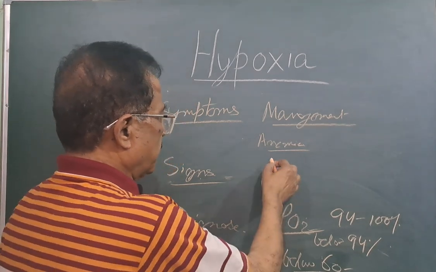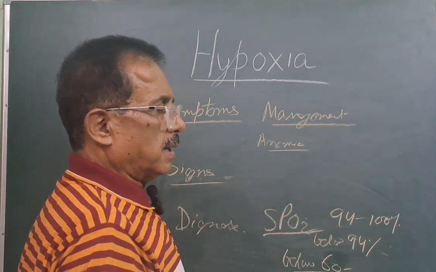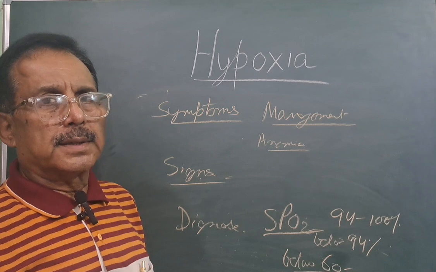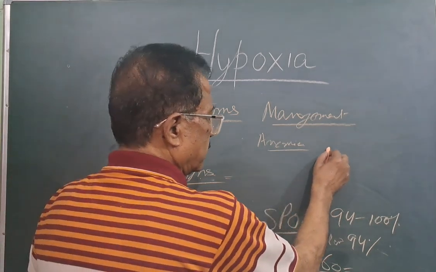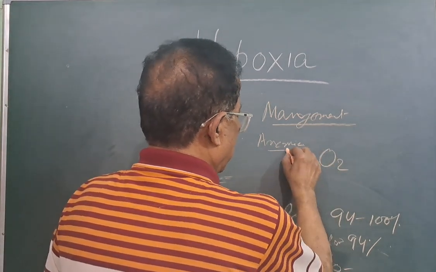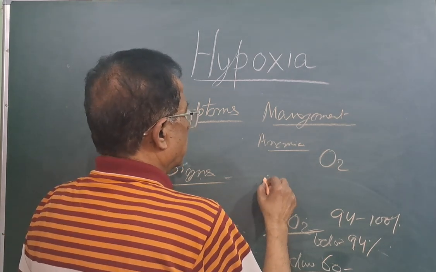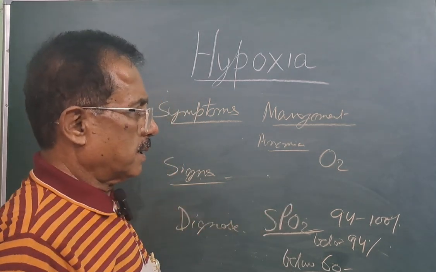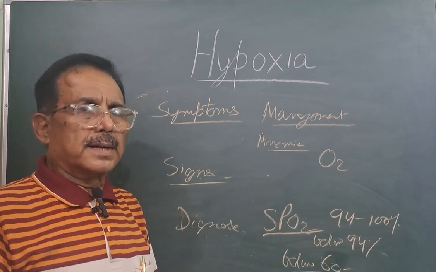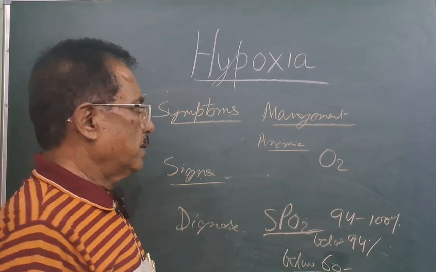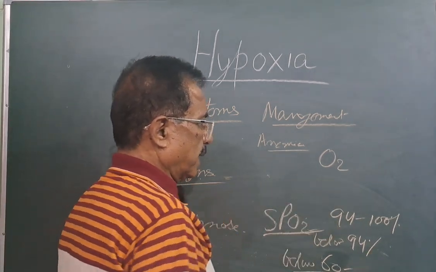When it is hypoxic hypoxia, then oxygen must be given, oxygen therapy. If this is due to a myocardial condition, congestive cardiac failure or myocardial infarction, then we have to give proper treatment of that condition.